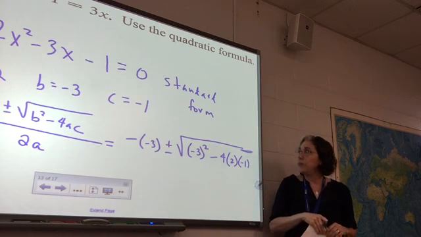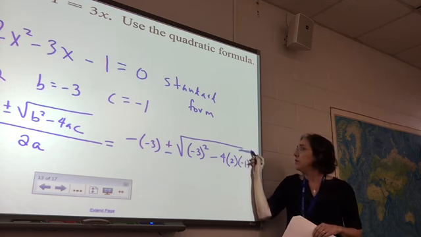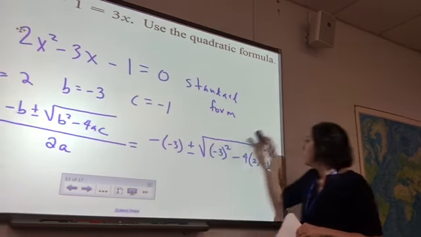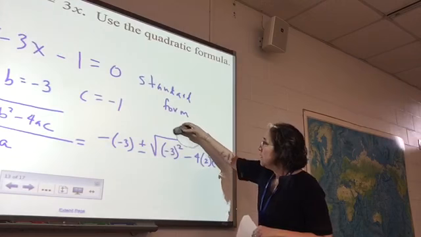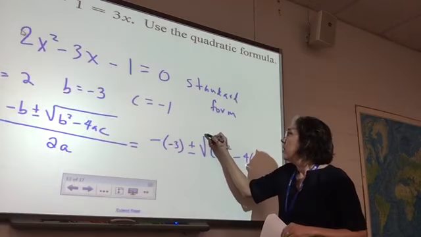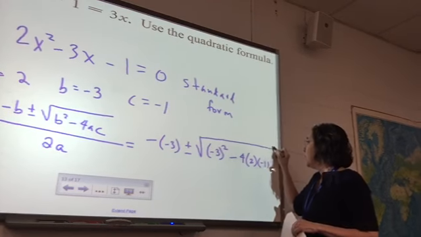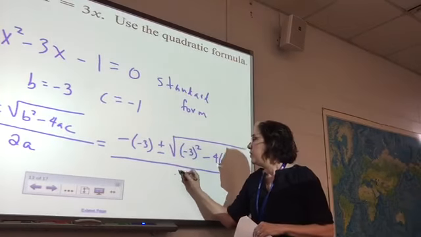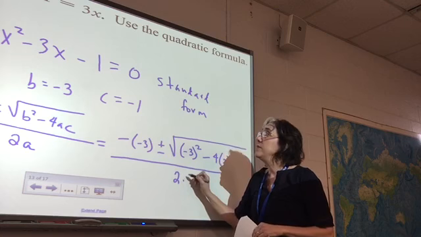I forgot to orient my board. That's a continuous square root there. Let's start over. Okay. All over 2 times 2.